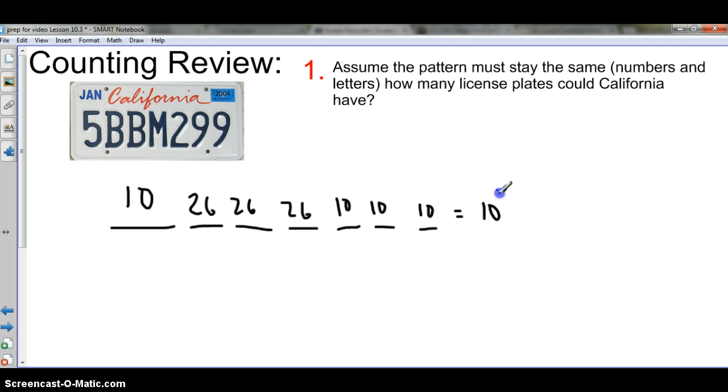We could write this quicker or in a little bit abbreviated version here. 26 to the third, and that's gonna be a pretty big number.